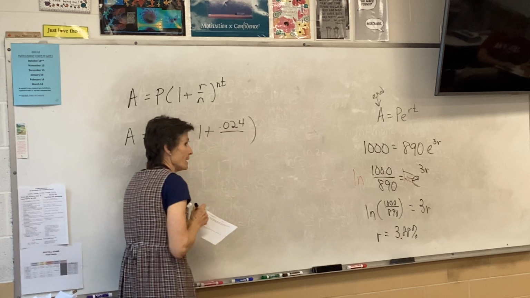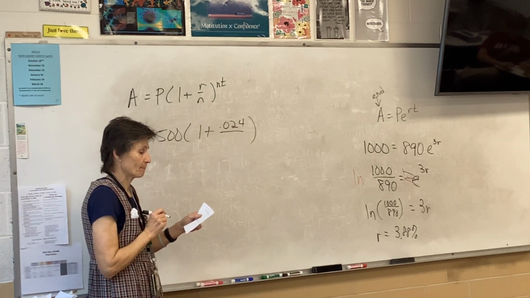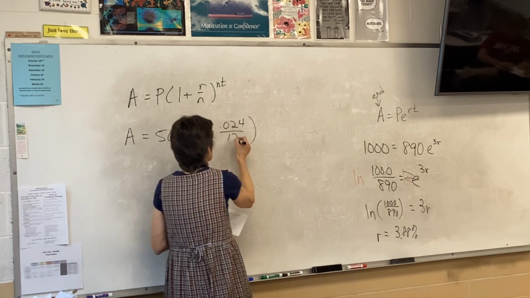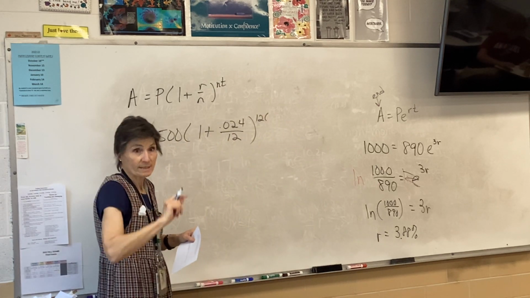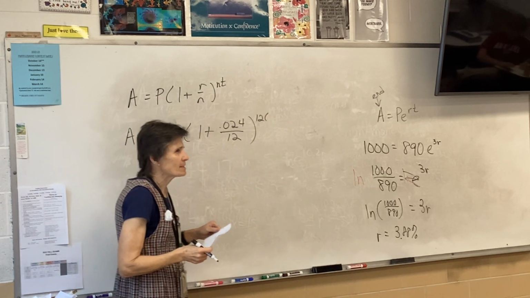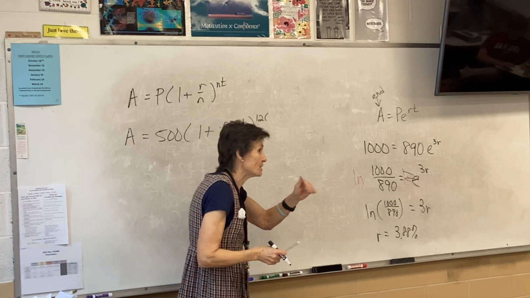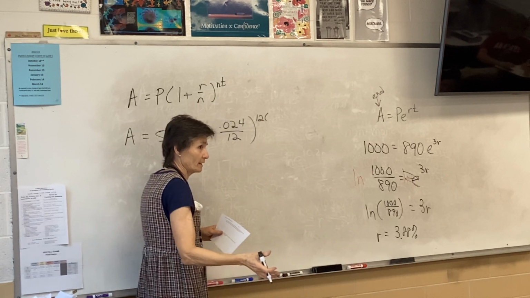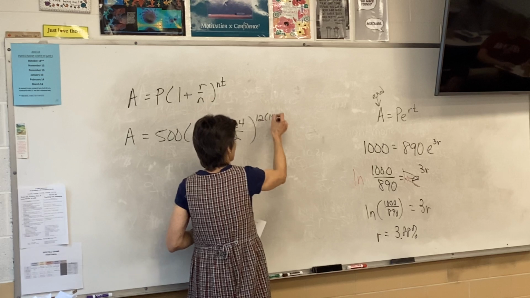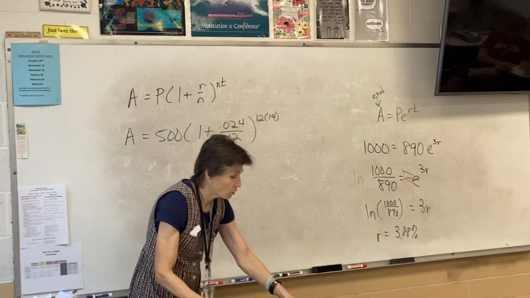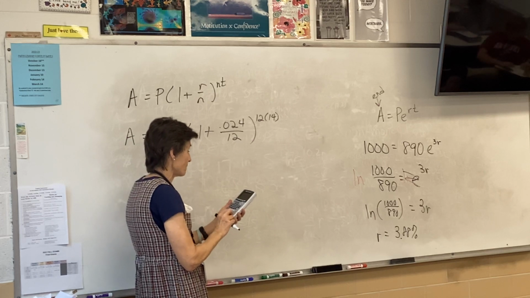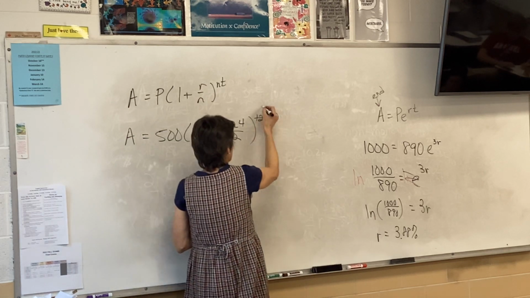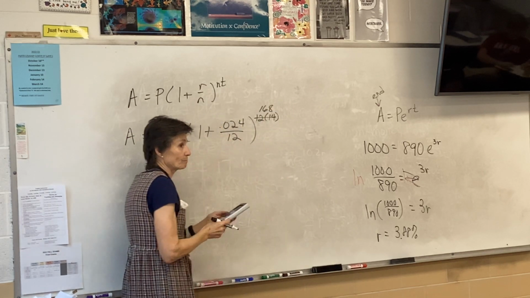Do I know an N? How many times am I compounding? 12. T is 14. I tried to get tricky and sneaky, but come on, 18 to 32, right? You have a calculator, so you can figure that out. That's 14, right? Now, I'm gonna go ahead and multiply those exponents. So 12 times 14, that's 168 there.